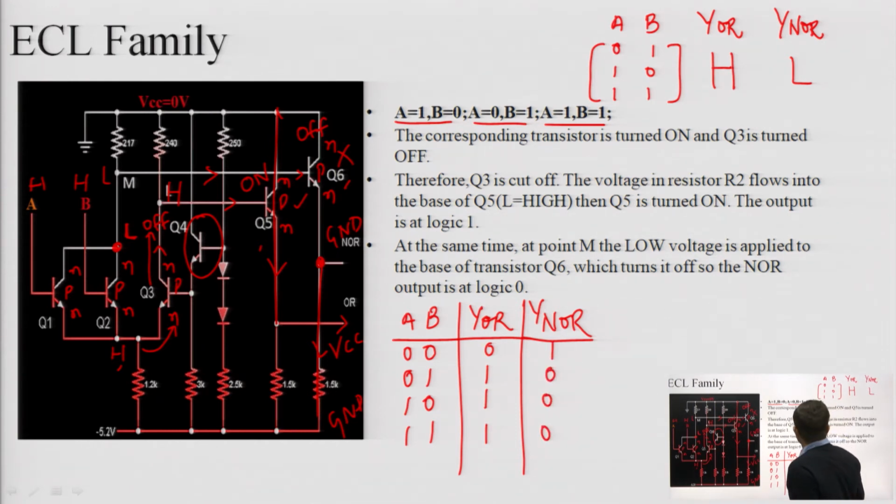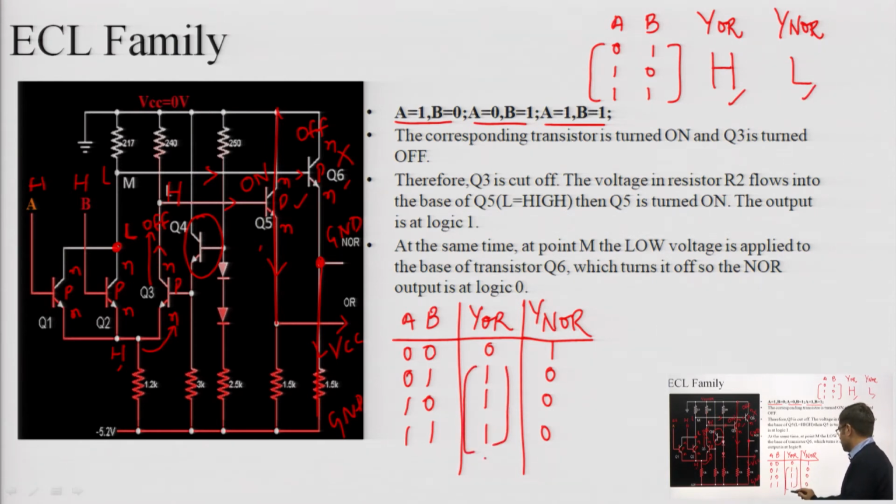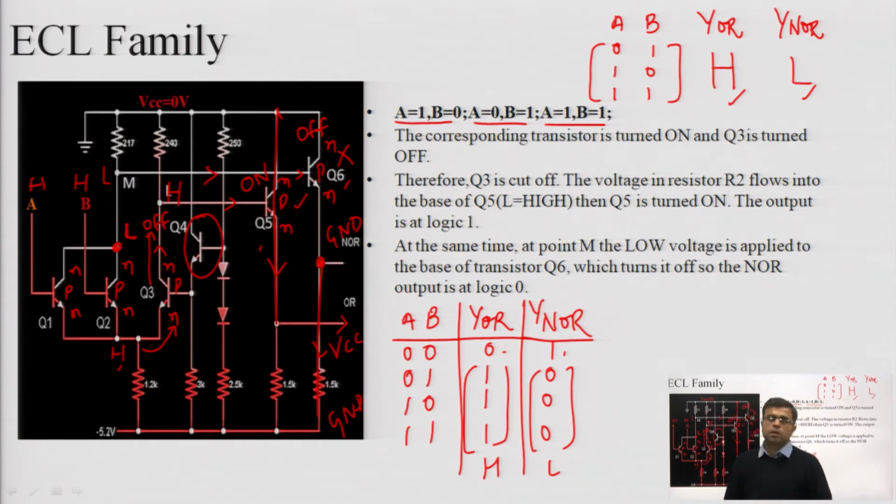So this thing is already covered here. For the last three cases, OR is high, NOR is low, and this we have covered in our previous slide. When both the inputs were low, then OR produced a low output and NOR produced a high output. Okay. So this is ECL logic family.